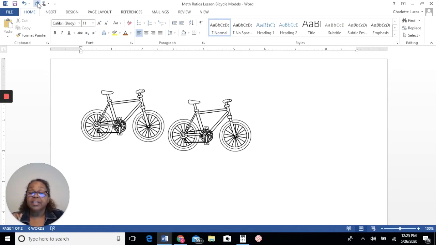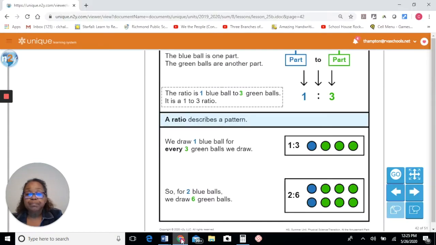If I added another bicycle, I would have to add 2 more wheels. Is that correct? So when we think about part to part, let's think about bicycles, because for every 1 bicycle, there has to be 2 wheels. But if I have 2 bicycles, I'm going to need 4 wheels. The ratio is still 1 to 2, okay? That's one way for us to think about it.